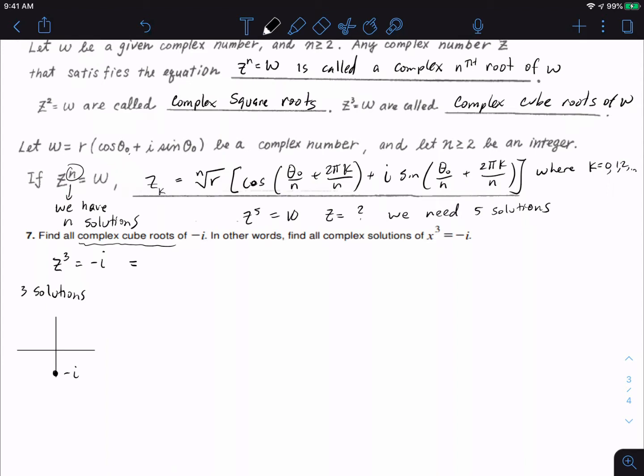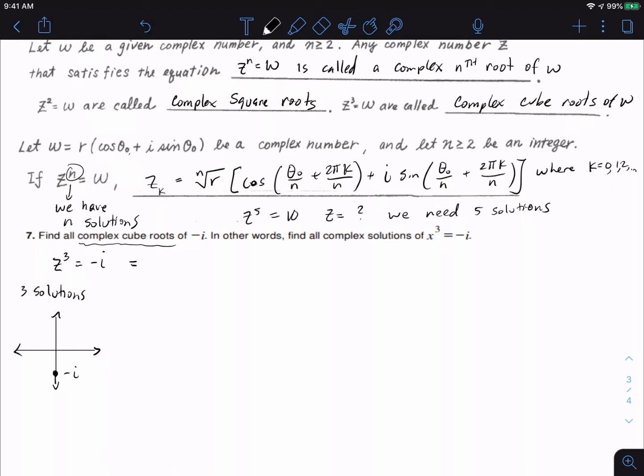Right? Based off of our numbers, the x-axis is the reals, the y-axis was our imaginaries, and so a negative i is the same as negative 1 in the imaginaries, so I go down 1, right?